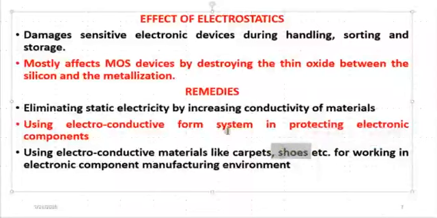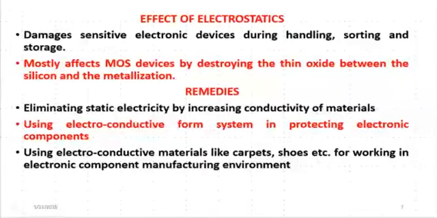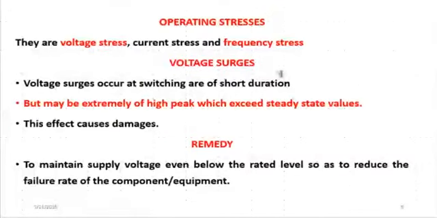They are suggested to be used by workers who handle electronics components in the manufacturing environment, so that whenever they step on this carpet or wear these shoes, all the static electricity in their bodies will be discharged through those electroconductive carpets and shoes, and therefore the components they are handling will be safe from any problem.